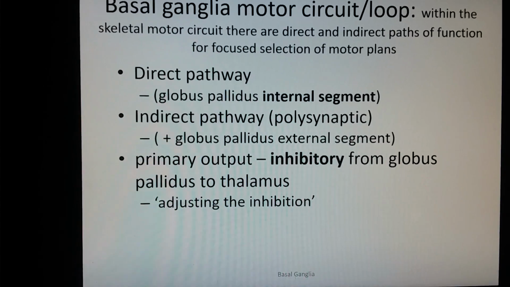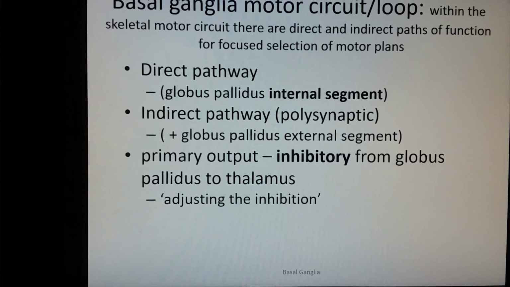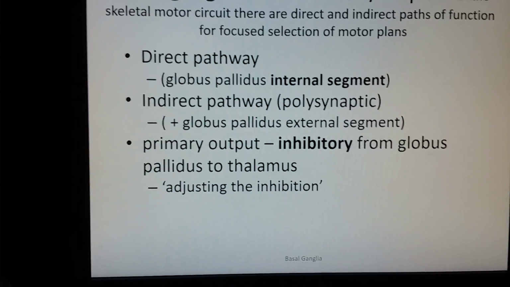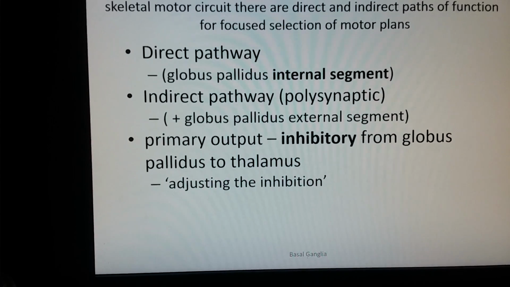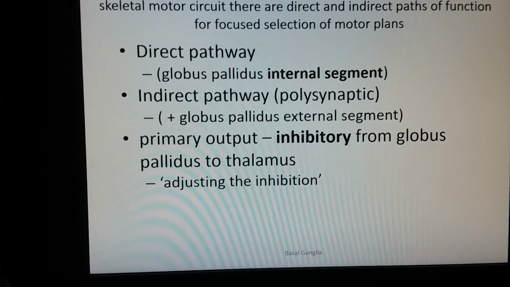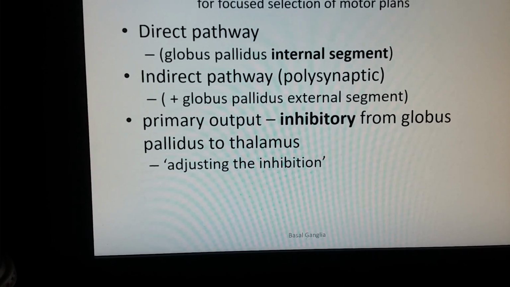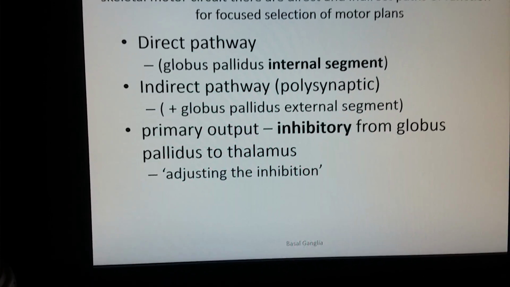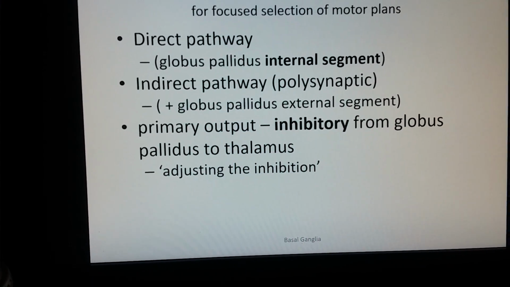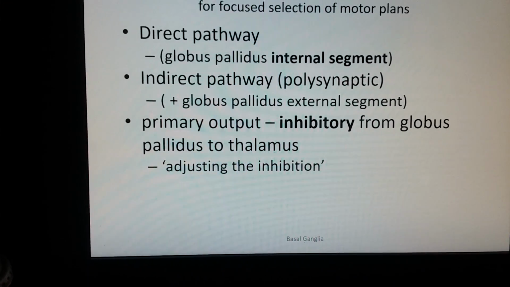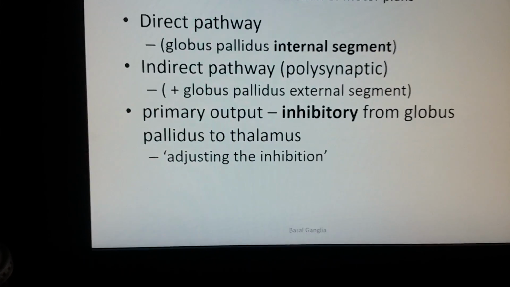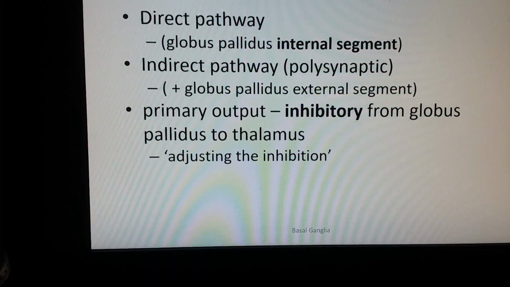So within the skeletal motor circuit, there are direct and indirect pathways. The direct pathway basically involves the globus pallidus internus, and the indirect pathway is a little bit longer. It takes another step, and it uses the globus pallidus externus as well. So let's get into it a little bit.